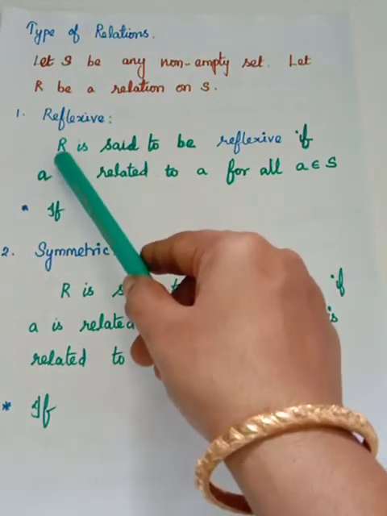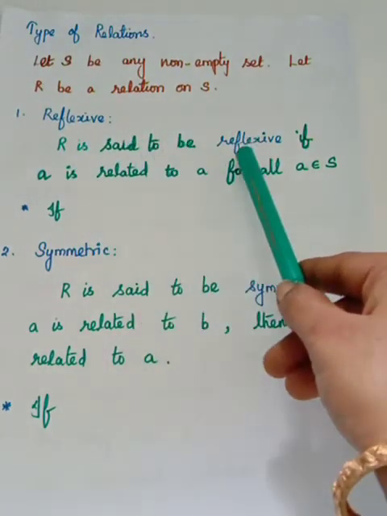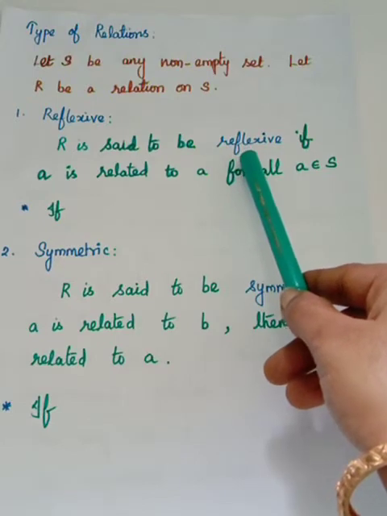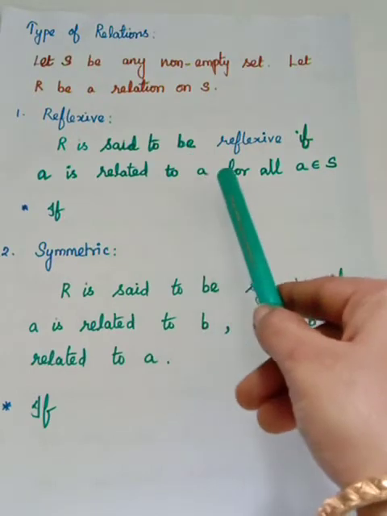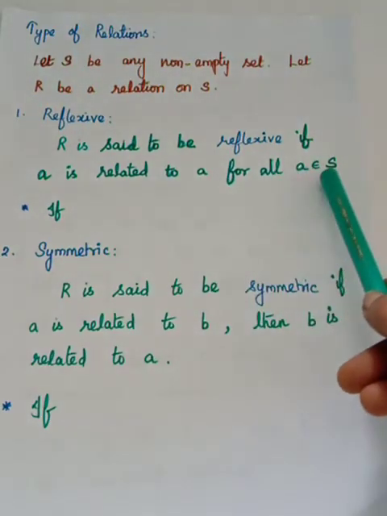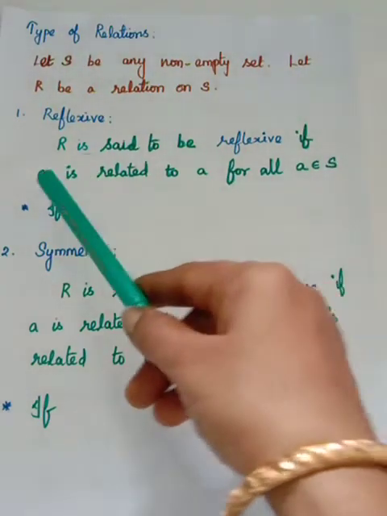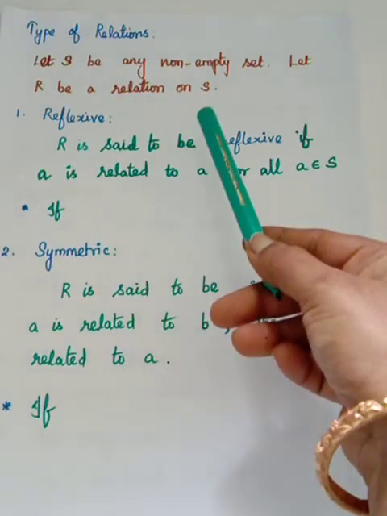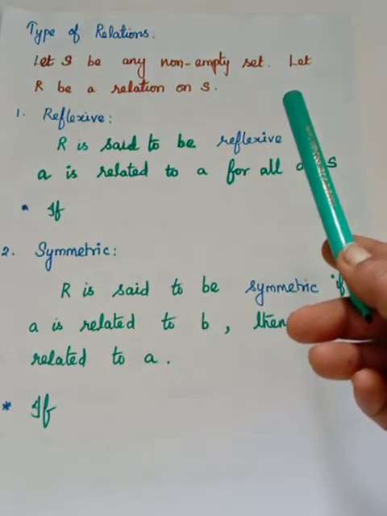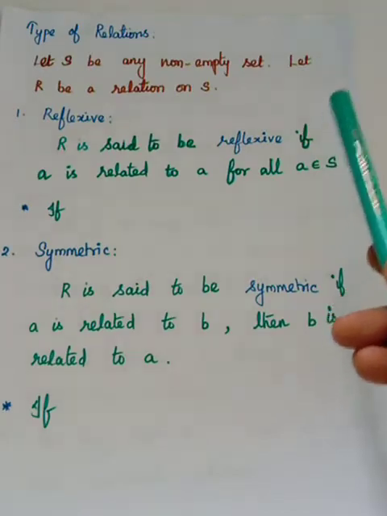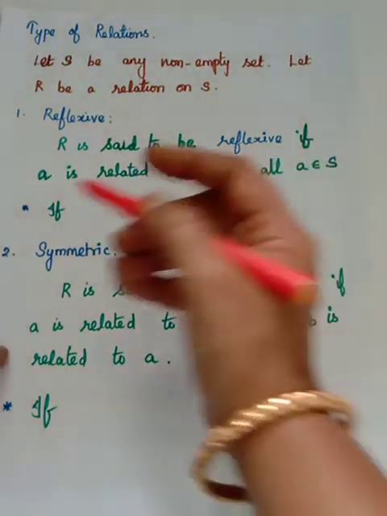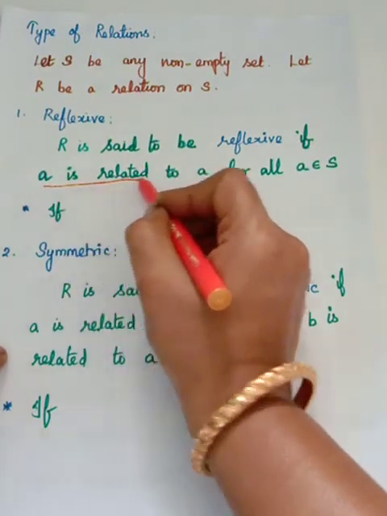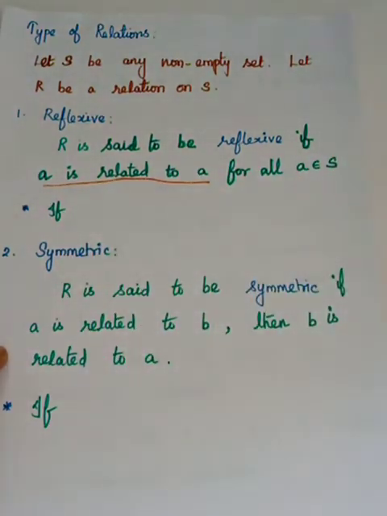So the relation R is said to be reflexive if a is related to a for all a belongs to S. That means if you consider one element from the set, that element should be related to itself. So here we have written a is related to a for all a belongs to S. So a is related to a.